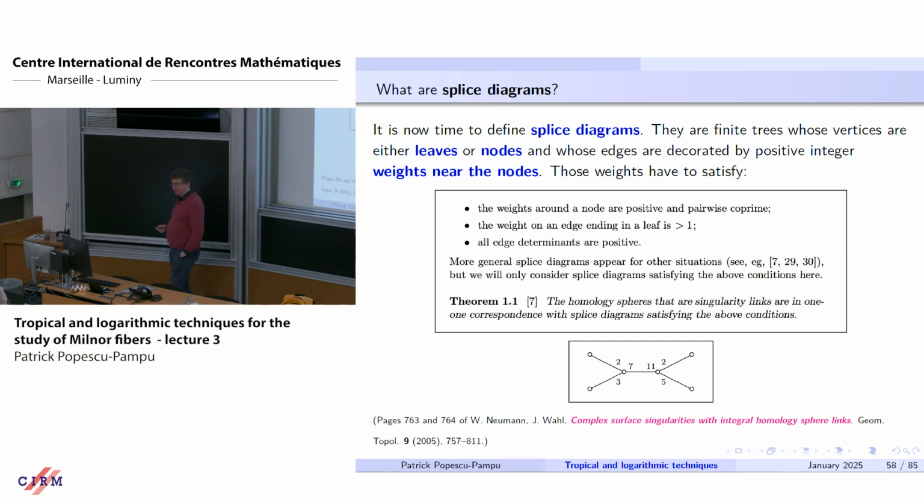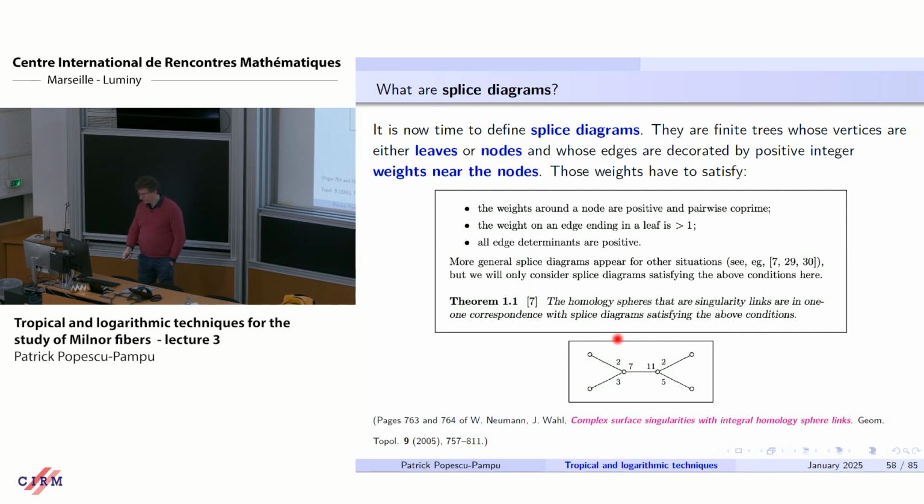Second condition, the weight on an edge ending in a leaf is bigger than 1. So here you do not see a weight 1, but it could be. For instance, here instead of 7, we could have 1, but not towards a leaf. And third, all edge determinants are positive. An edge determinant is something which is not a determinant, but whose formula is similar to that of a 2 by 2 determinant, AB minus CD.